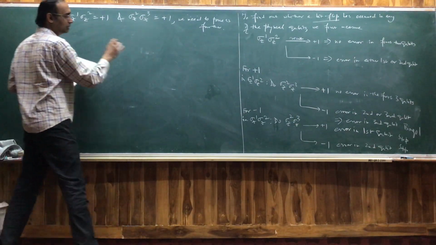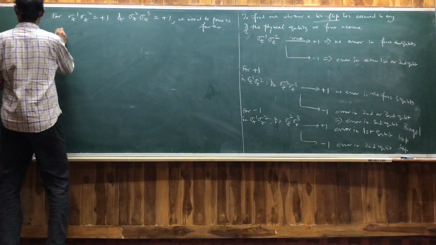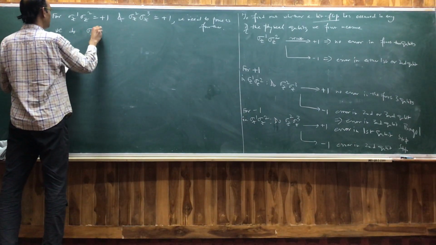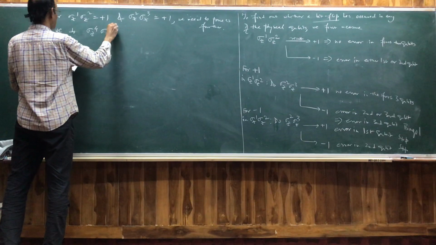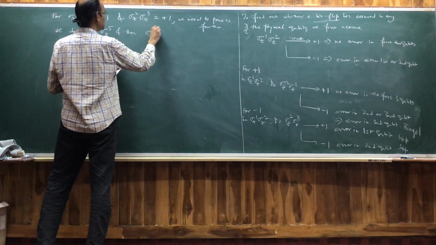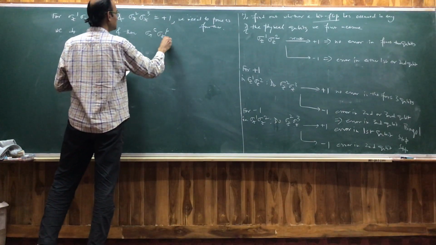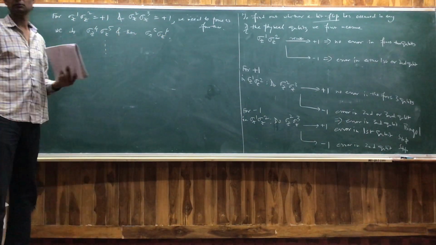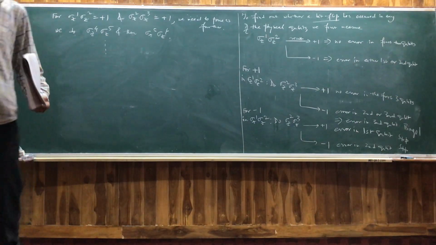But we know how to proceed, yes? So we do 4, 5, and then 6, and so on. And go in the same way.